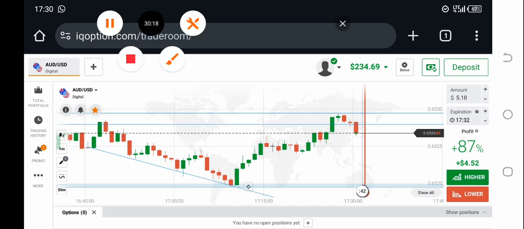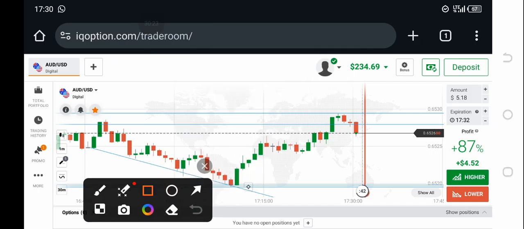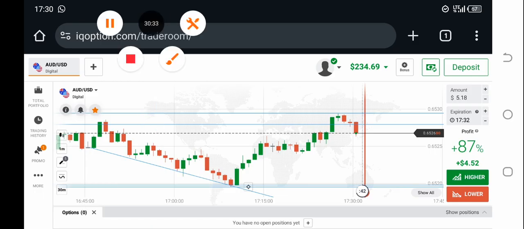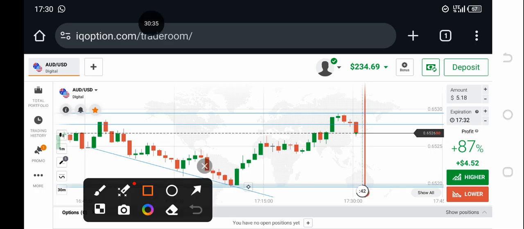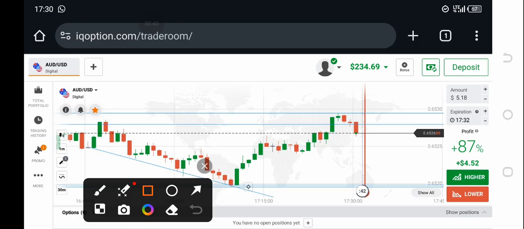Let me see if I can draw something simple. So this is a strong bullish candlestick, let's assume. Let me change the color, a blue or a green.